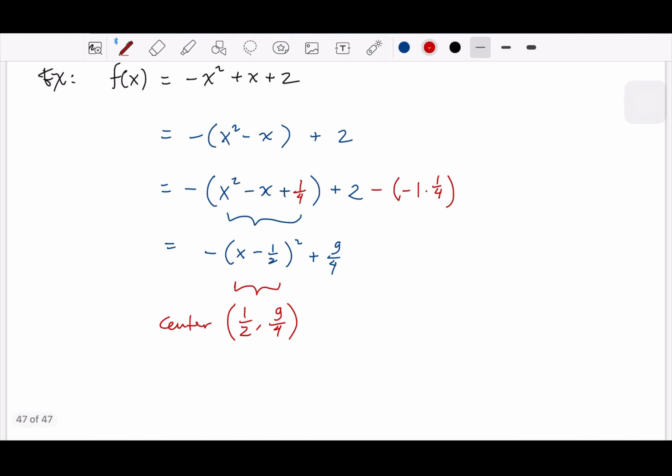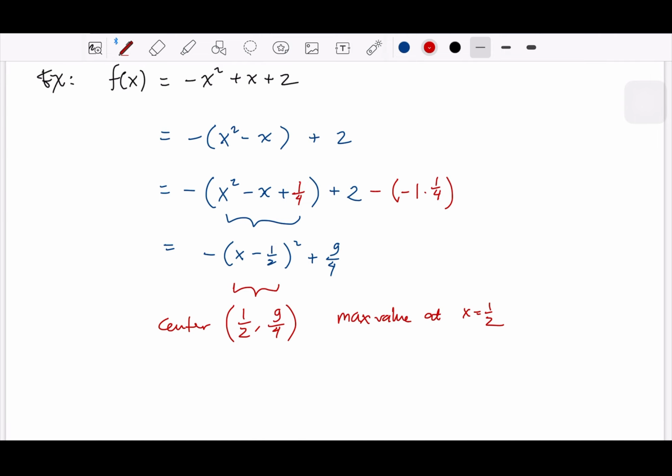Or we could say it has a max value at x equals 1 over 2, or we could say that the max value at x equals half is 9 over 4.